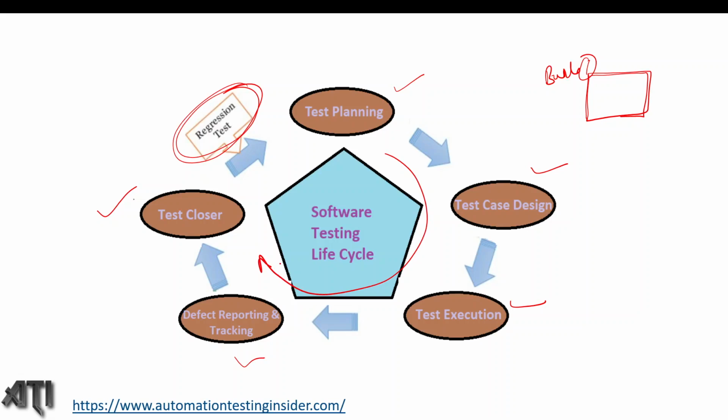We'll make sure that after the end of the testing life cycle, other parts should not get impacted, because this is the testing life cycle for build 1 only, which is recently developed by the developer and deployed. So we'll perform regression testing over here to make sure other parts of the application are not impacted. Now let's talk more about test planning, test case design, test execution, defect reporting, and test closure.